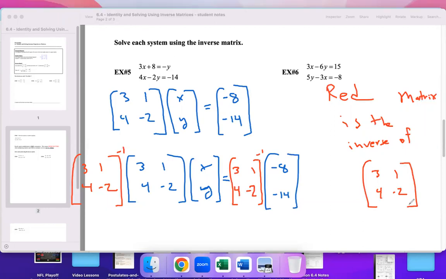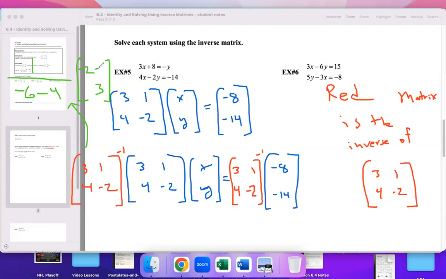So let's actually find this inverse. It's not that hard. I'll do it off to the side here. How do I find that inverse? What do I put on the bottom here? 1 over multiply the diagonals, -6 minus 4. And I'm going to multiply it by the matrix where I reverse -2 and 3, right?